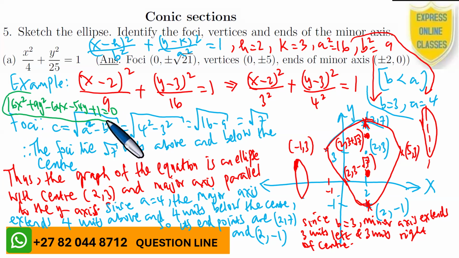This is the equation, but through completing the square, this equation can be transformed into this one, and then we can sketch it and see what we can do there. So we continue with our analysis of these.